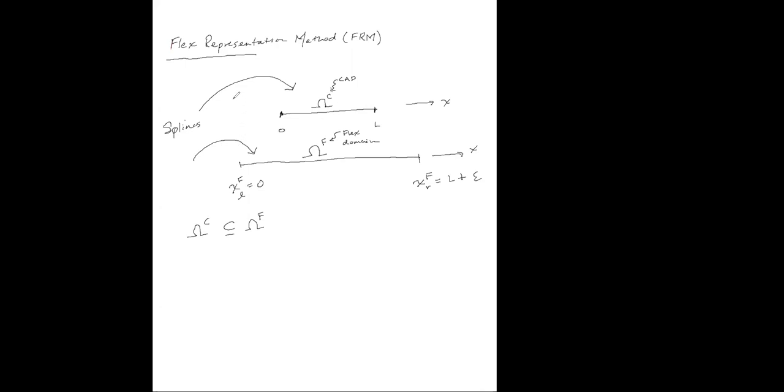So this is another exercise in notation we have to go through. Let's add some more notation in here. We're calling this guy our gamma D in the CAD.